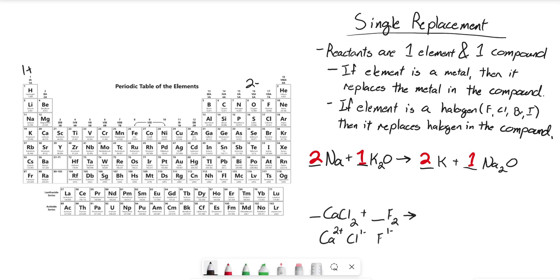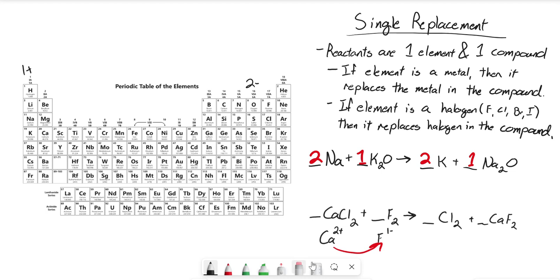So what that means is that poor old chlorine here is going to be by itself. It gets a 2 here because chlorine is one of those diatomic elements. So if chlorine is going to be all by itself, that leaves calcium and fluorine to bond together to make CaF2.